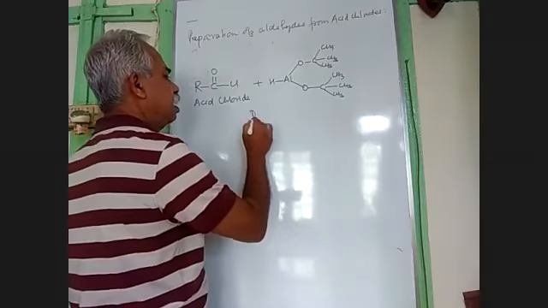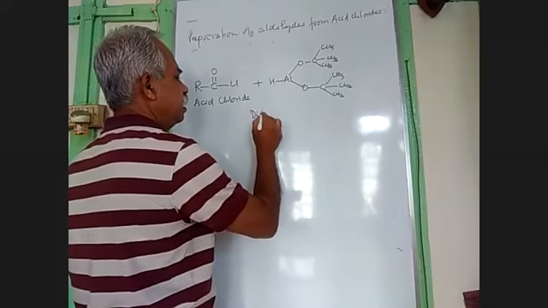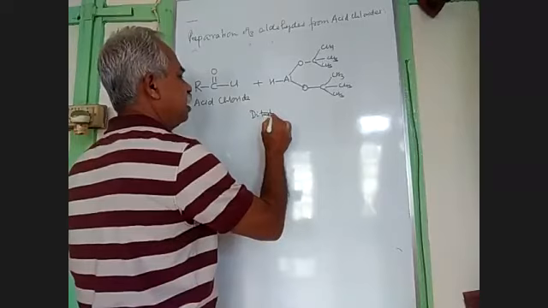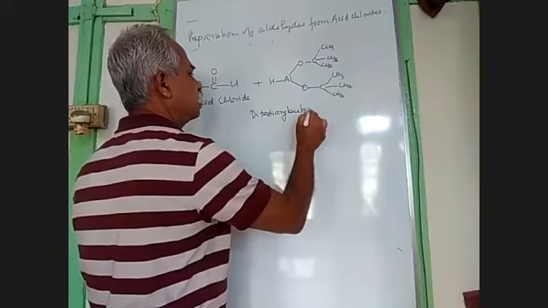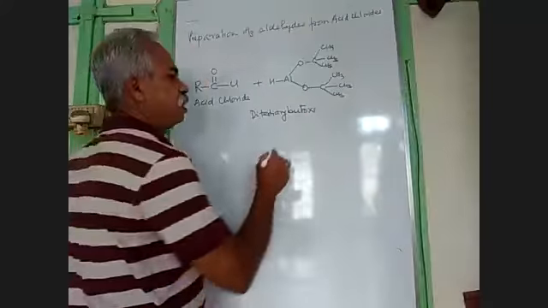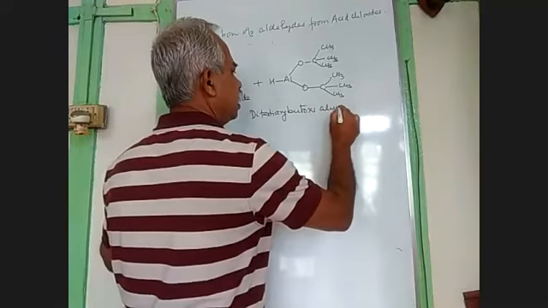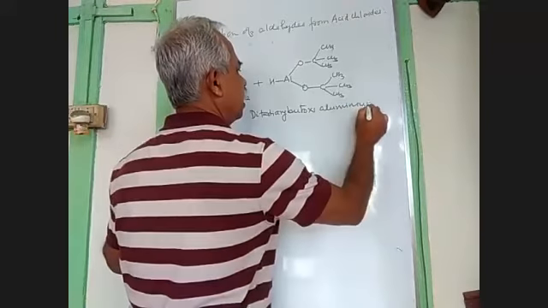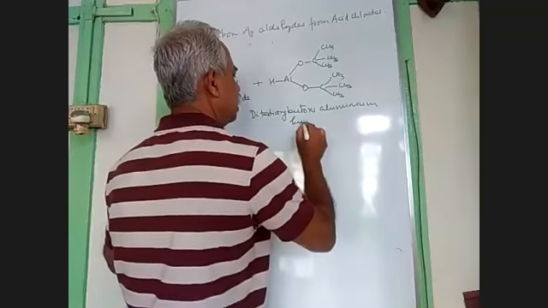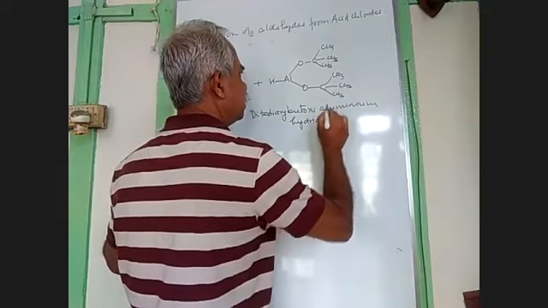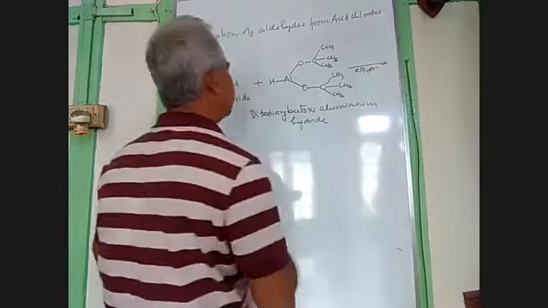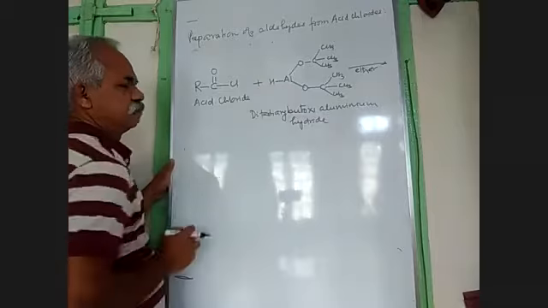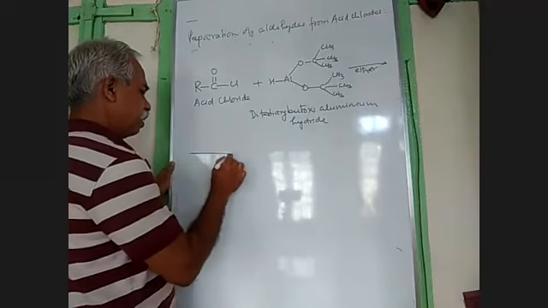Suppose I have taken this, absolutely for entrance exam. This is called di-tertiary butoxy aluminium hydride, a strong reducing agent. Don't get nervous, huh? Ether. See, this hydrogen will come here, this will go there. So what you will get?